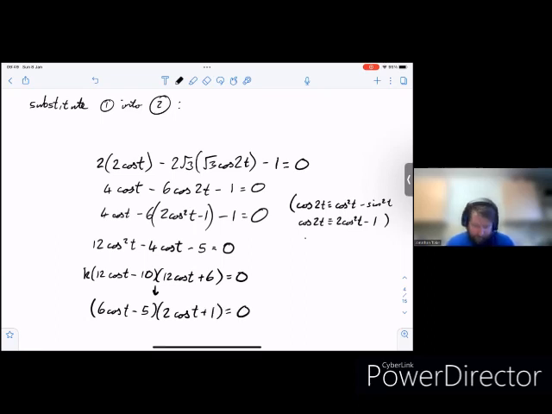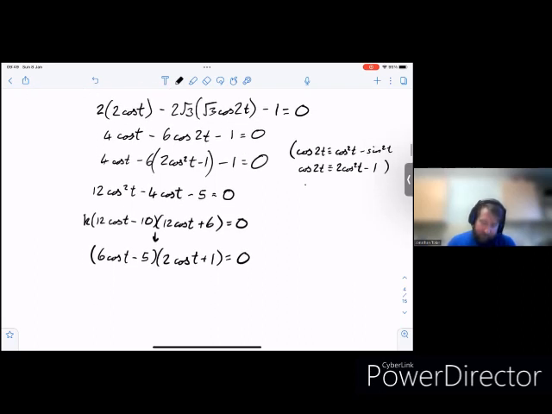Okay, and just check that works. If we multiply that out, we get minus 5, minus 10 cos t plus 6 cos t. So that works. So that tells us cos t equals 5/6 or minus a half.